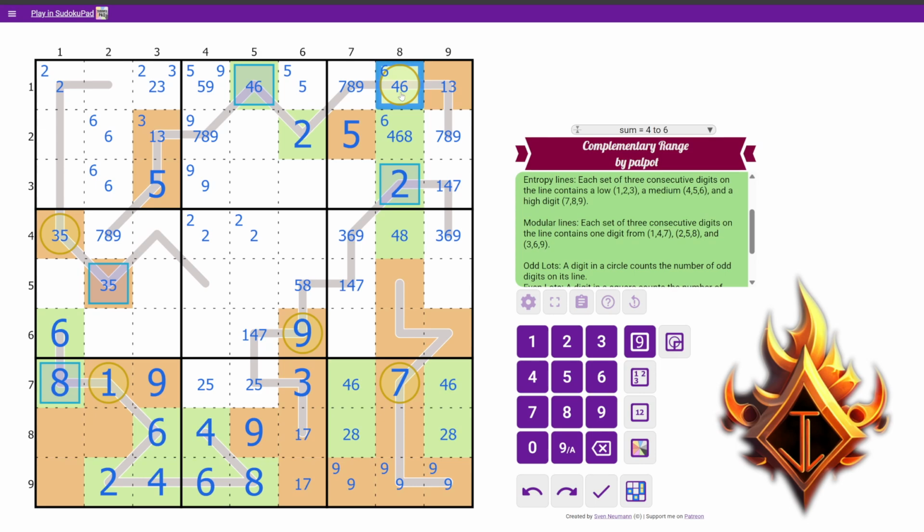If there are 4 odds, 4 odds only, because there are already 3. These could not both be odd, because then there would be 5. They cannot both be the same digit. Well, because it would be 8.